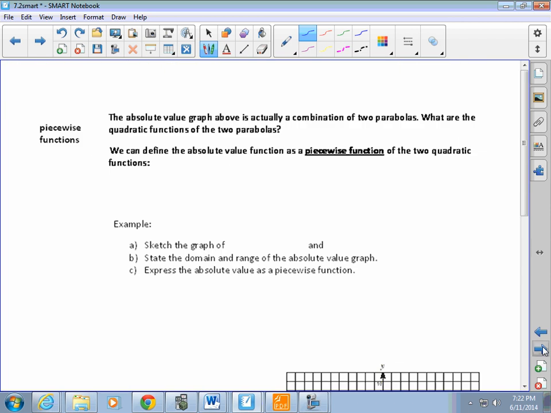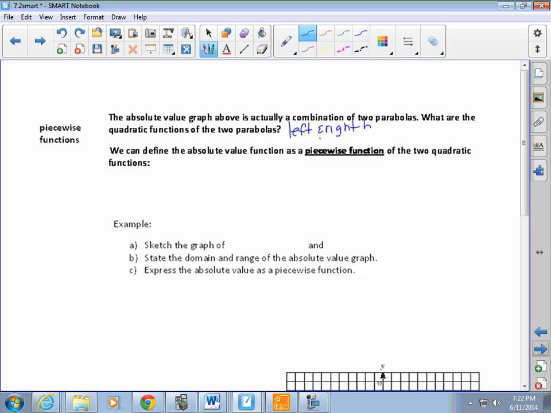So doing this now as a piecewise, it says the absolute value graph is actually a combination of two parabolas. What are the quadratic functions of the two parabolas? So for this one, we have our left and right branch, I should put them both together just to save some space.